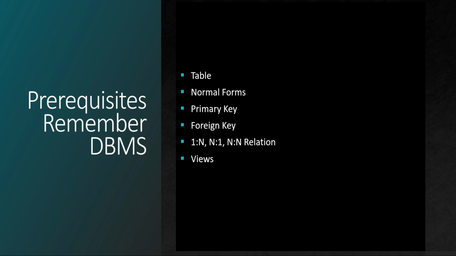Then comes foreign key. This is important for CRM. Don't forget this one. When you want to relate two tables, you use foreign key. The primary key of one table becomes the foreign key in the second table. Confusing? Not really. Let me ask you this. You are an employee, correct?